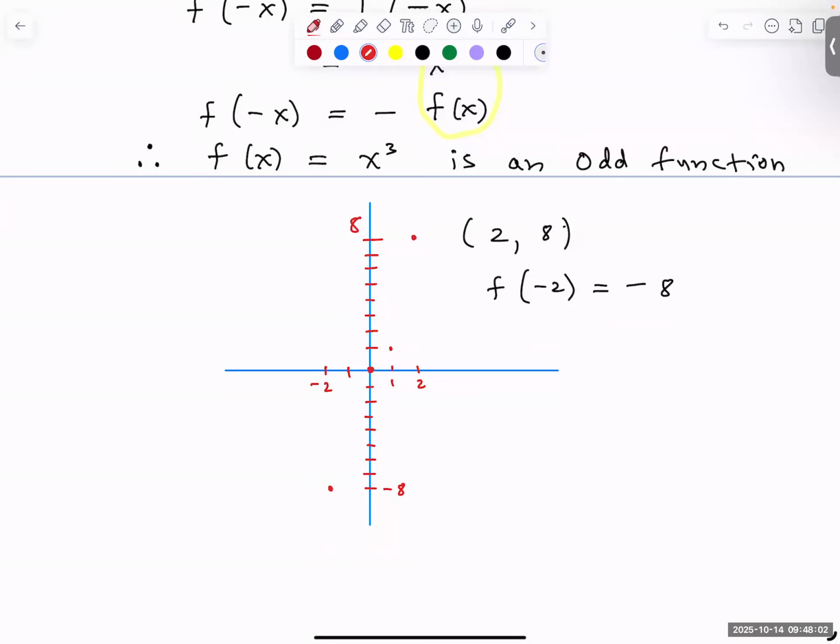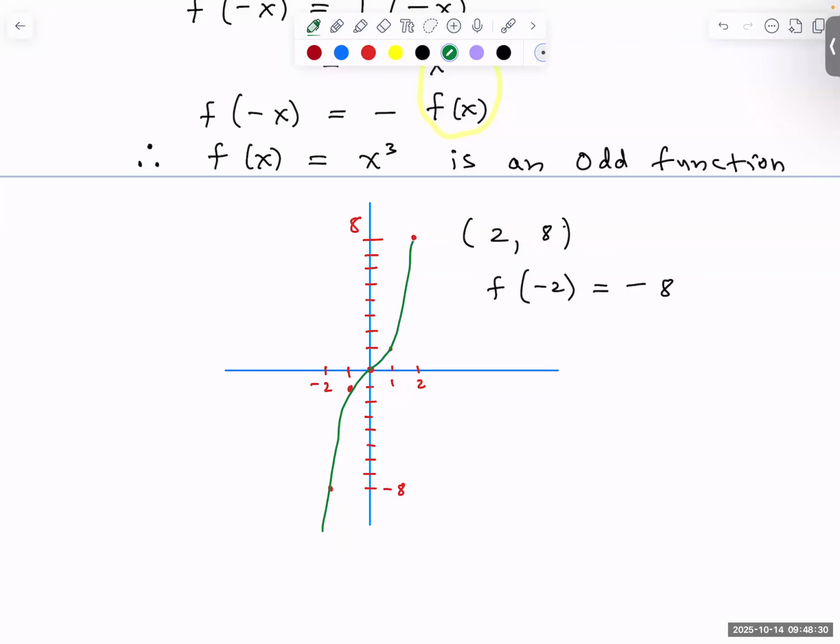Also, if we reflect over both axes the point 1 comma 1, x is positive 1 becomes x is negative 1, and y positive 1 becomes y negative 1. So that's this point here in quadrant 3. And here's a sketch of the graph of the cubing function, which is increasing left to right on its domain, which is all real numbers.